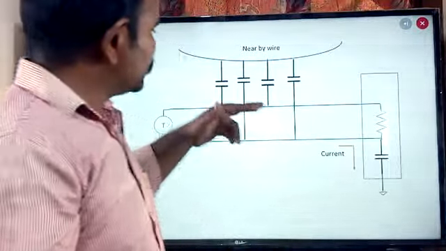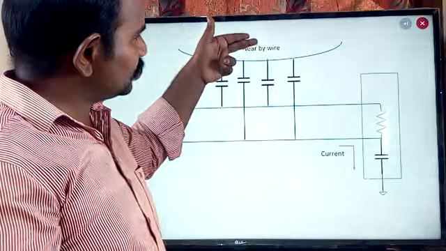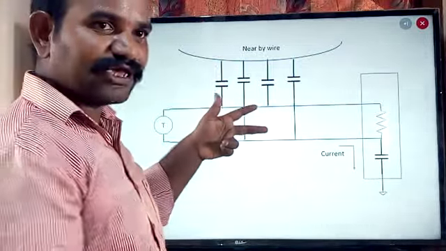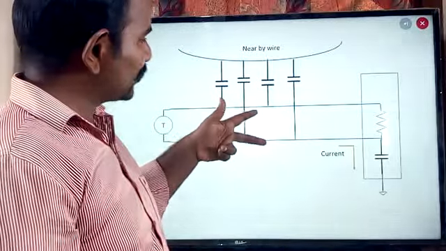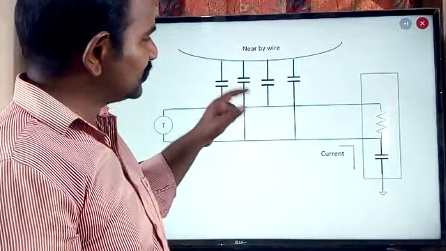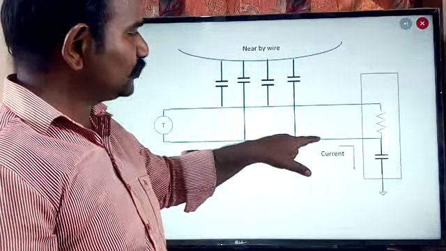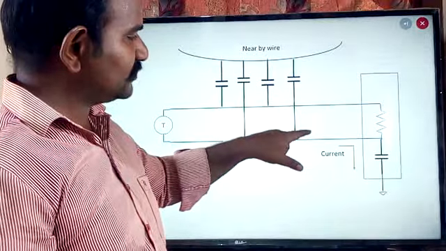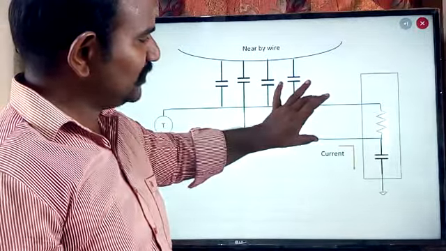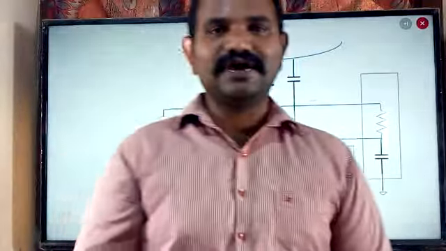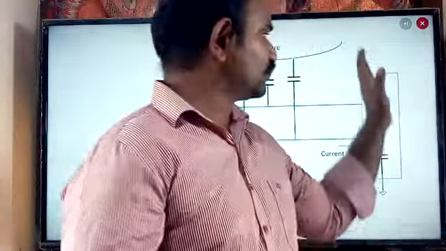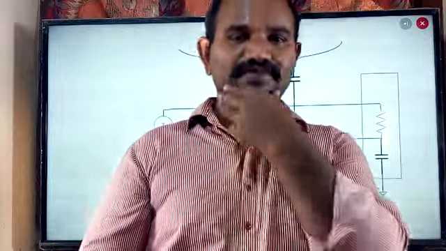Because of that, the noise introduced by the heavy lines into the actual communication path is introduced equally into these two parallel lines, and it is going to be rejected by the instrumentation amplifier used right over here, because the instrumentation amplifier has the common mode rejection ratio.